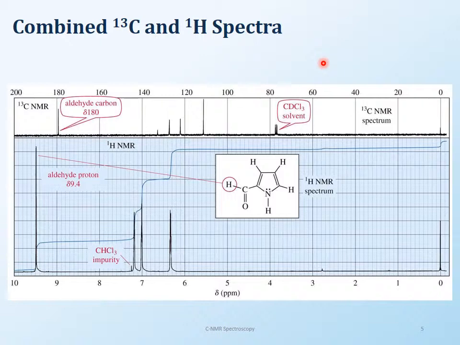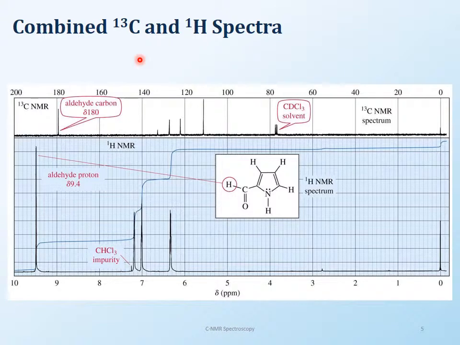And so once you change the probe, that's how you get the different spectrum. You can use the same machine for both. By the way, you cannot use the same machine for, say, fluorine or phosphorus. Those need a completely different kind of machine, but carbon and hydrogen can be run on the same machine, but with a different probe, or a different sample holder.